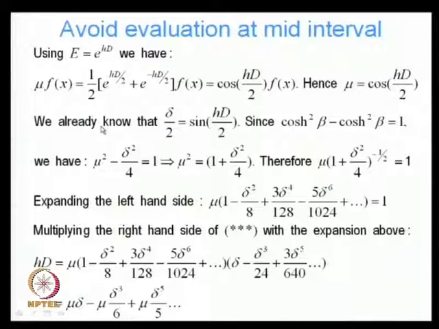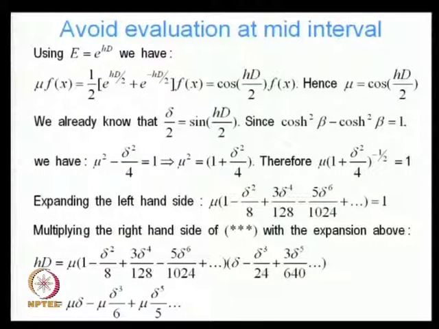Now, we already saw in the last class that delta by 2 is equal to sin hyperbolic h d by 2. If you look back, we discussed that, right. So, since delta by 2 is equal to sin hyperbolic h d by 2, mu is equal to cos hyperbolic h d by 2. So, I can write cos hyperbolic square minus, now what is that? That is sine hyperbolic square, right.